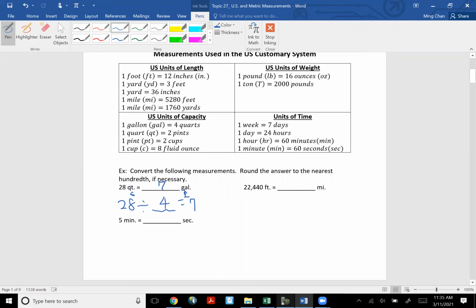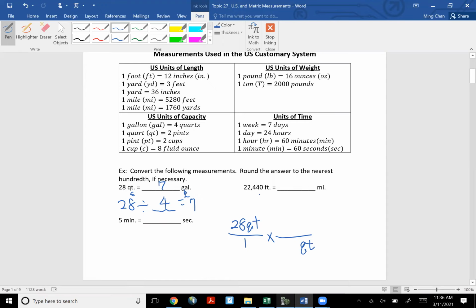Now, to do it with dimensional analysis using the concept of unit fractions, you do not need to know which is the larger unit and which is the smaller unit. All you have to do is start with your 28 quarts written over 1 and multiply by another fraction. Since you don't want quarts anymore, you put the quart in the denominator, so these two quarts will cancel out.